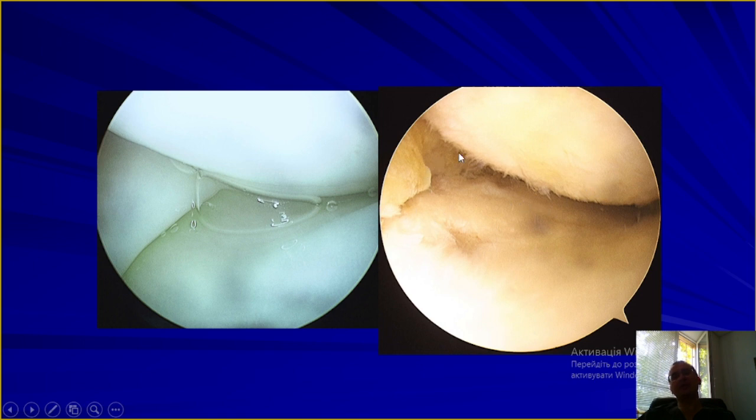And the meniscus, you see, it is completely loosened, it is destroyed, it is not so beautiful as well. And the synovial fluid, you see, it is not clear, a lot of small pieces of the cartilage, of the synovial membrane, everything is floating inside the joint. So that is the difference between healthy cartilage and the joint which is affected by the process.